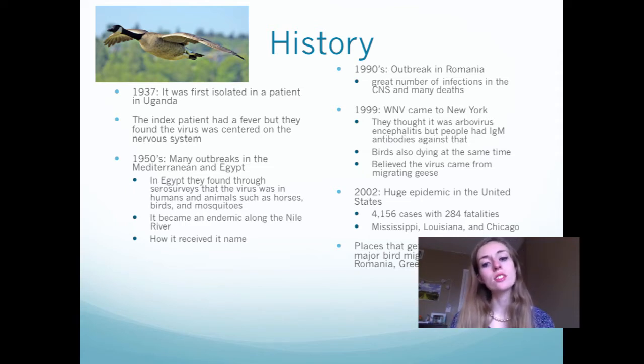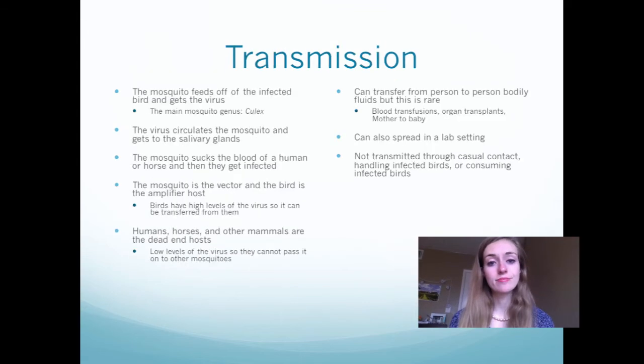In 2002, there was a huge epidemic in the United States. There were 4,156 cases with 284 fatalities, and it was mainly located in Mississippi, Louisiana, and Chicago. So places that get West Nile virus correlate with major bird migration patterns. So it's mainly located in places like Romania, Greece, Russia, and the United States.